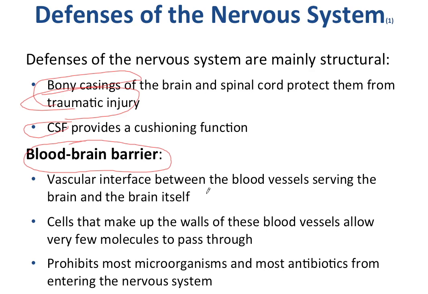However, there is a tight barrier between the brain and the blood vessels. So this is the tight junction between the endothelial cells of the capillaries. The endothelial cells of the capillary in the brain are very tight.